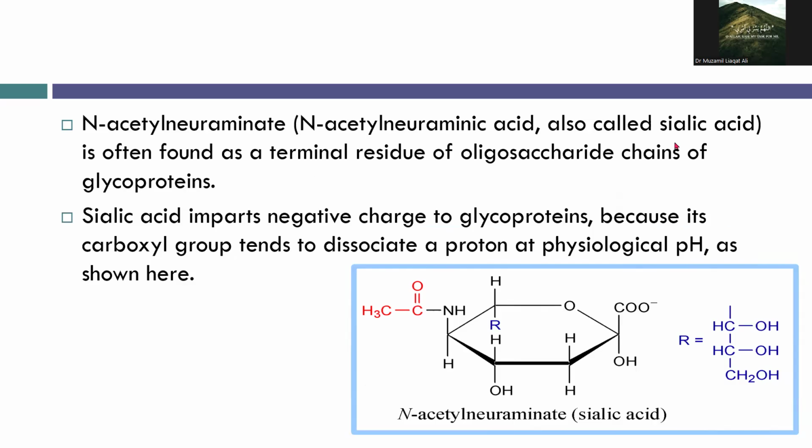This negative charge is essential for preventing unwanted cell aggregation, influencing blood group antigens, modulating immune recognition and viral attachment. The removal of sialic acid by neuraminidase exposes underlying sugars and can trigger clearance of aged red blood cells.